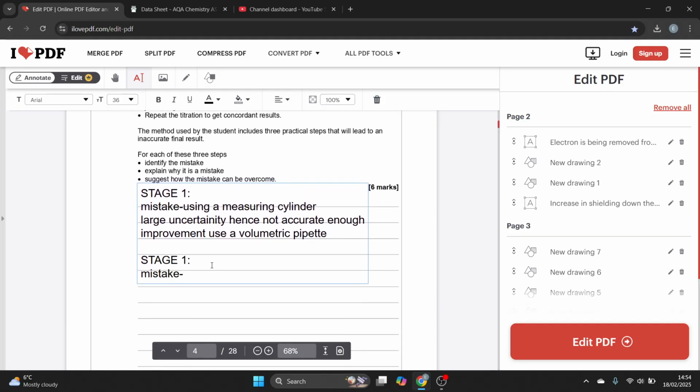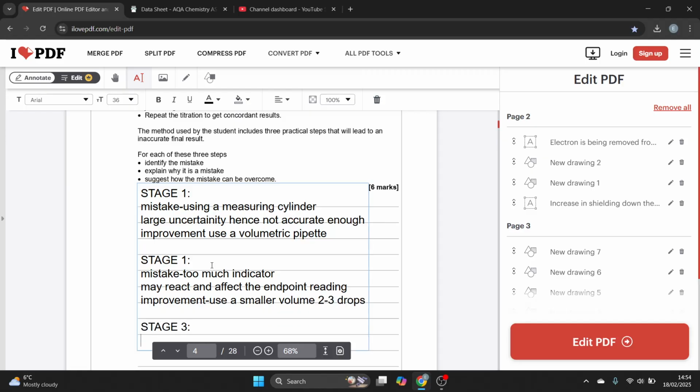No, we don't want to add too much. So mistake, too much indicator may react and affect the endpoint reading. So improvement is that we need to use a smaller volume, 2 to 3 drops, for example.